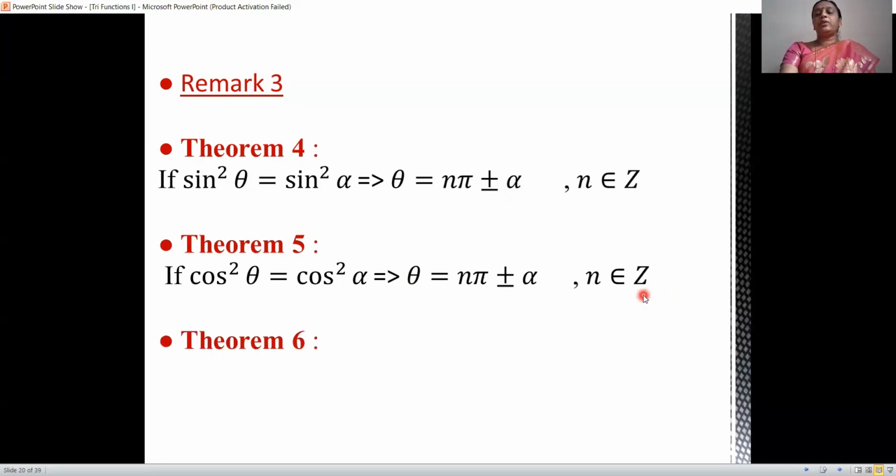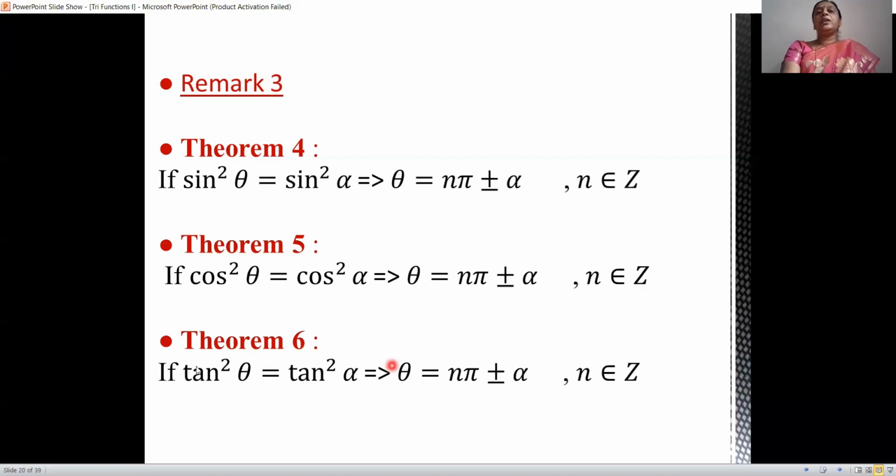Now, the third formula will be if tan square theta is equal to tan square alpha, this implies theta is equal to n pi plus minus alpha, where n belongs to Z. Means if the function is of the type tan square theta is equal to tan square alpha, then the general solution is theta is equal to n pi plus minus alpha.